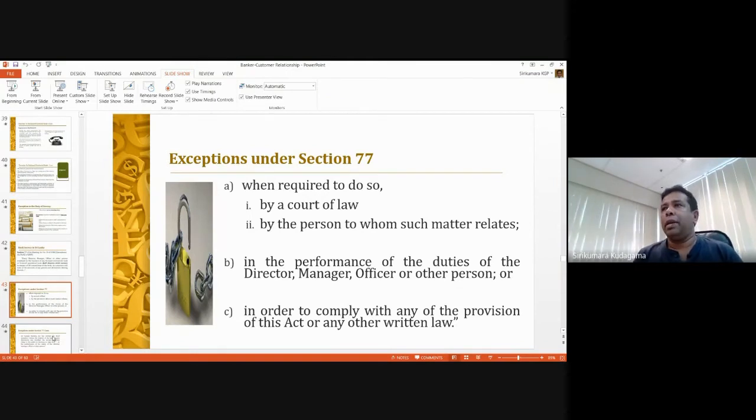There was a particular customer of that bank, who had opened an account and maintained it for a long period of time.